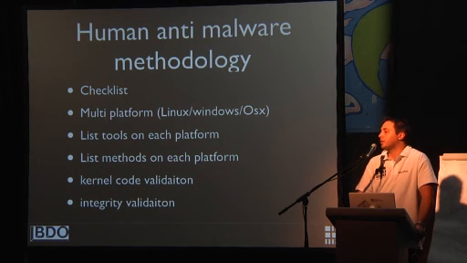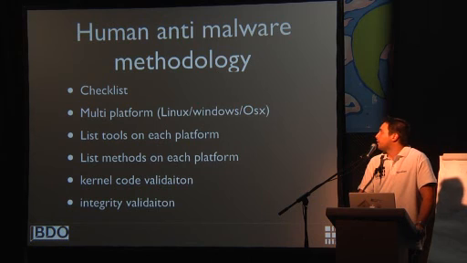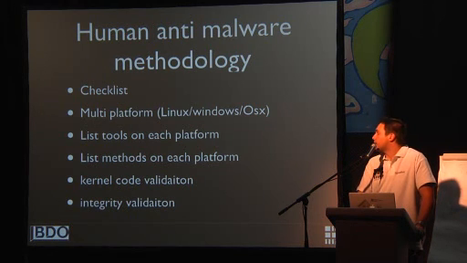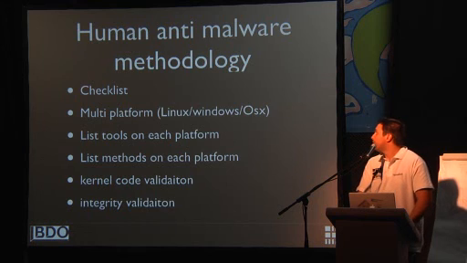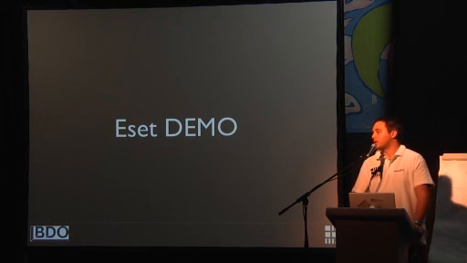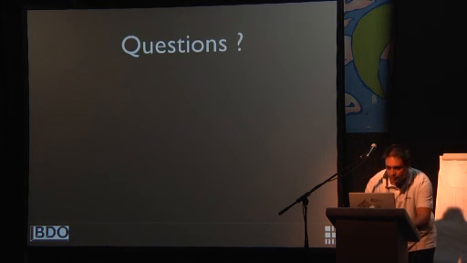If nothing is found, then probably the machine is protected, so there are no suspicious products or AV or rootkit on it. If we find something, then we can take it apart, give it to a Linux, Windows, or OS X expert, and this is the methodology that we use at our firm. It's also feasible and workable for many systems, Linux, Windows, OS X. And then we have the asset demo.